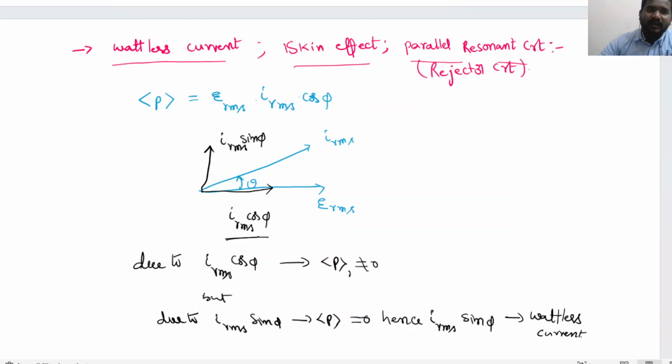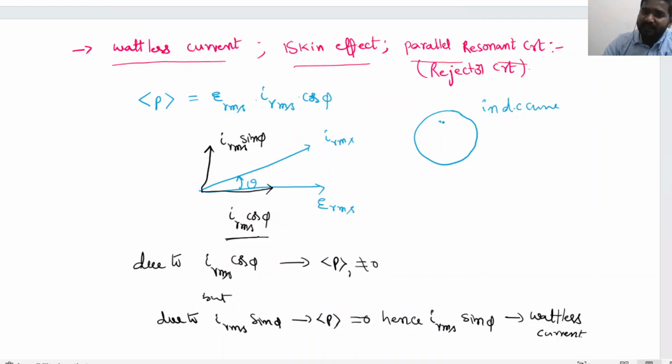Skin effect is, we just need to understand the propagation of a current through the conductor. Let us take a conductor cross section, and first understand the case of DC current.